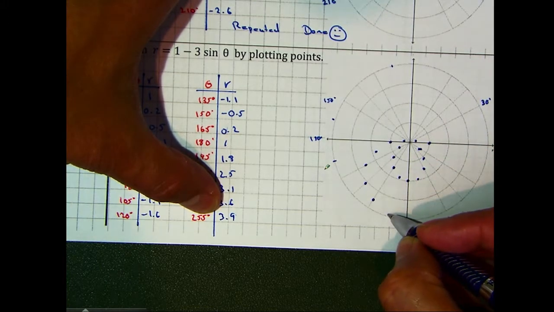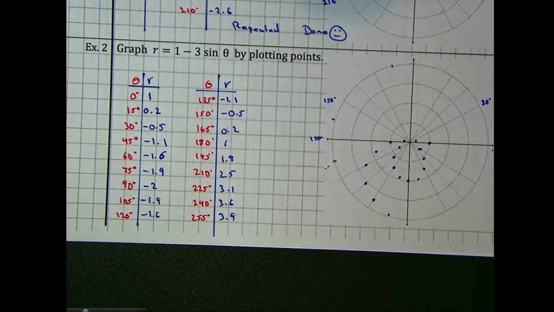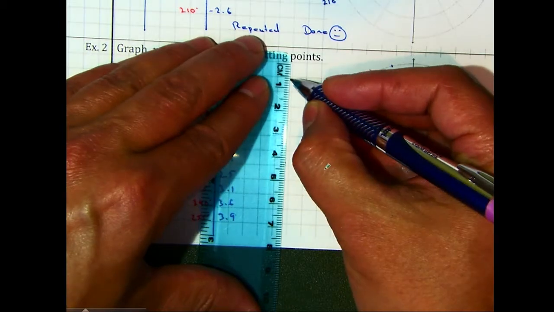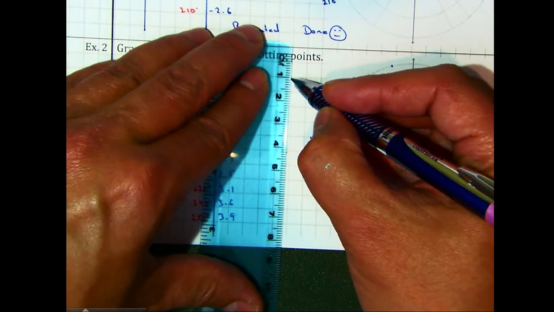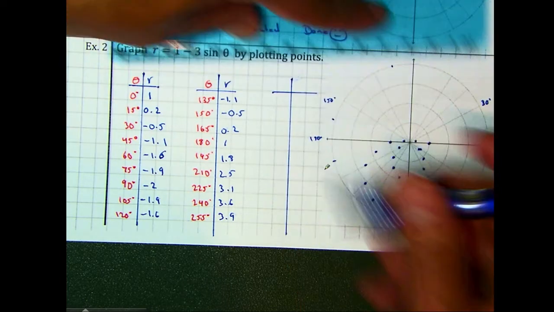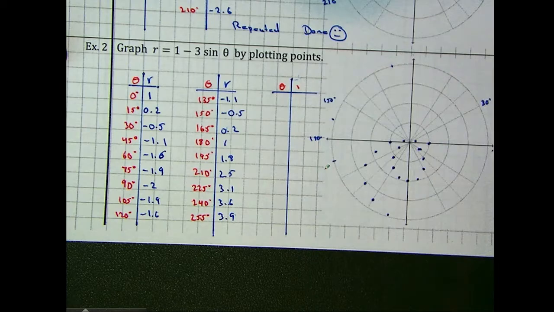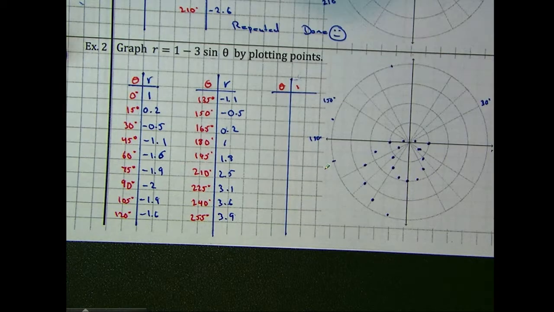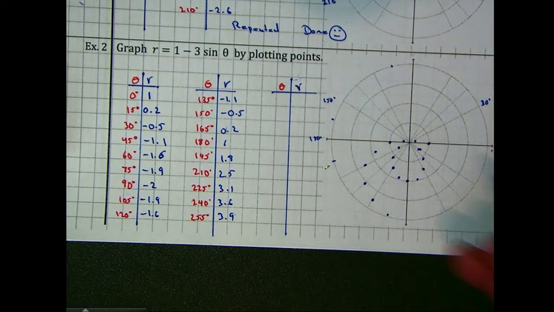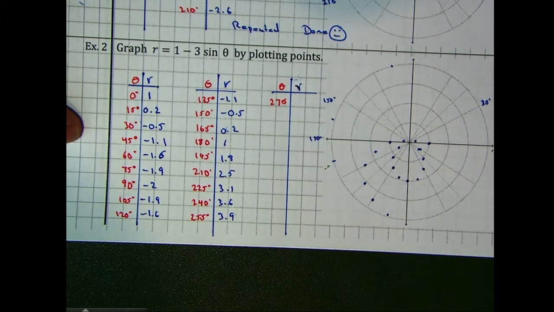And you can imagine the 270 should be 4. So let's go and continue on. This will be theta, and this will be R. And I know at this point you said, I get it. I get it. But let's just continue on.